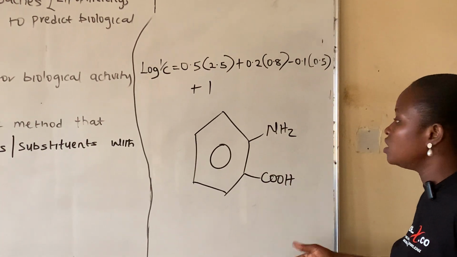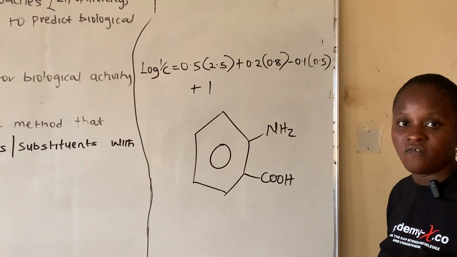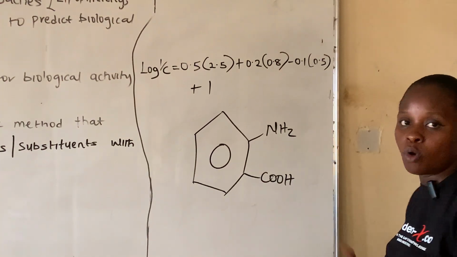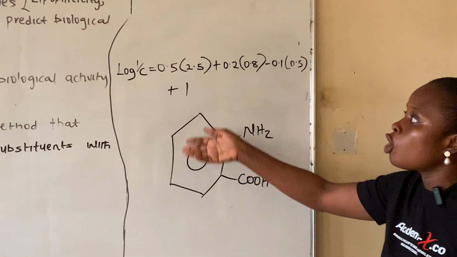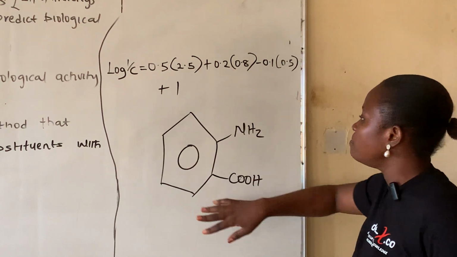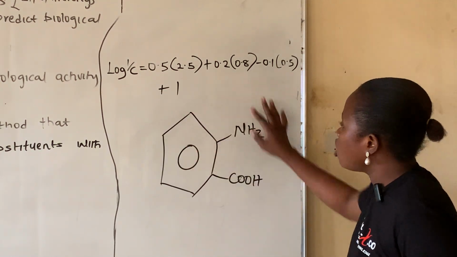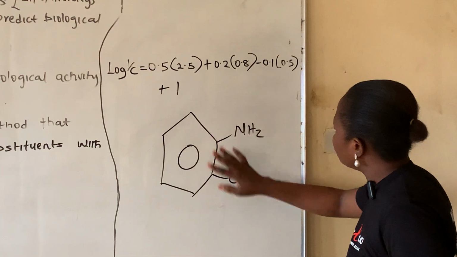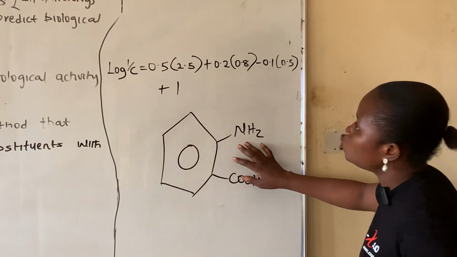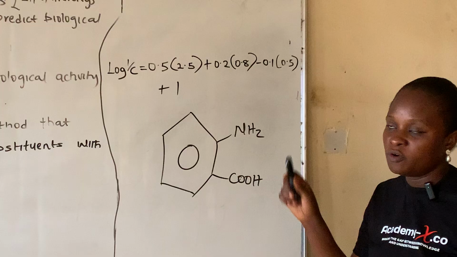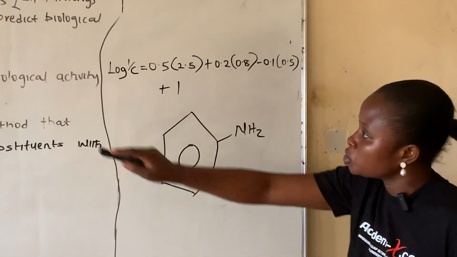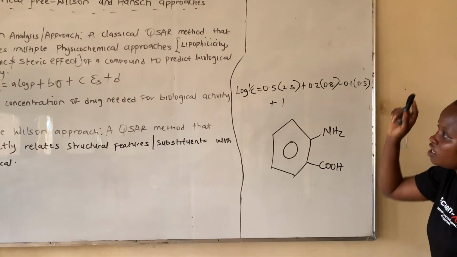If you find out that this very drug compound will give us more effect or will be able to cross the membrane more if we increase its lipophilicity, that means you can alter some substituents, alter some bonds, alter some part of this molecule in order for you to get a drug that will be more lipophilic. And that also happens to electronic effects and also steric effects.